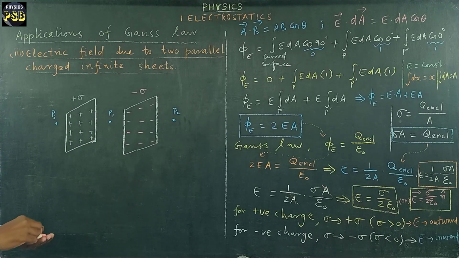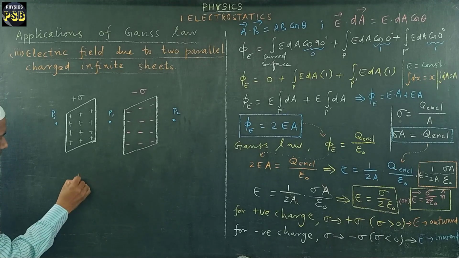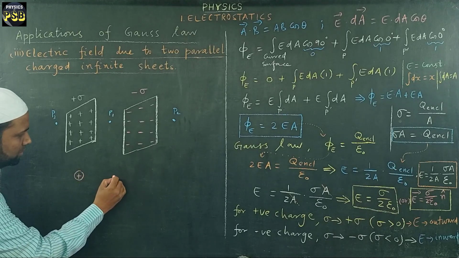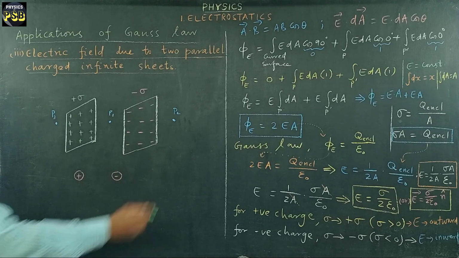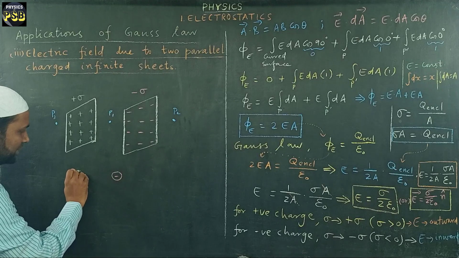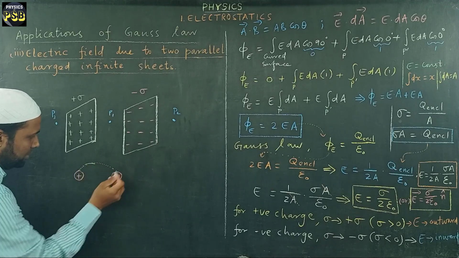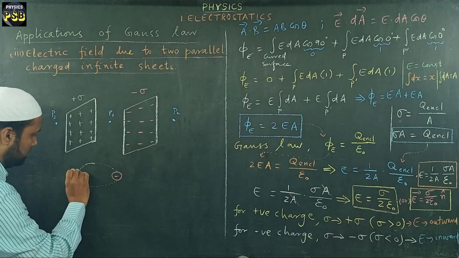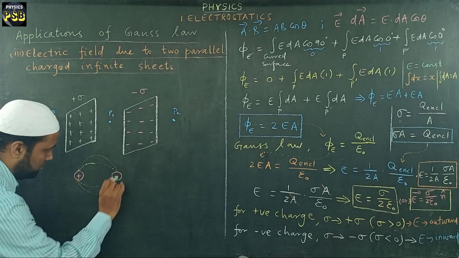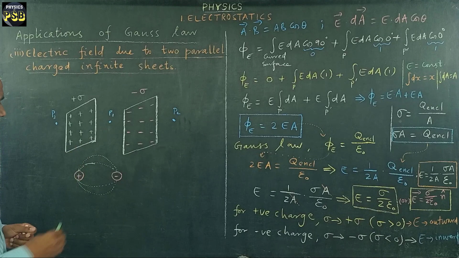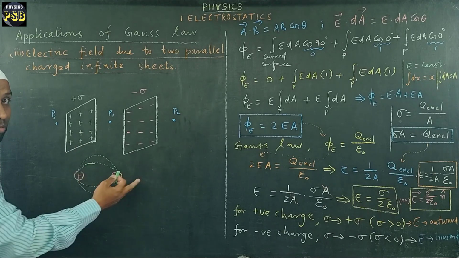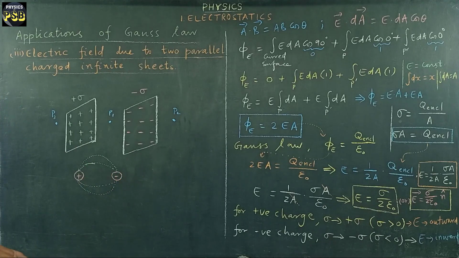We know very well, if we have a positive charge and a negative charge, then in such case, the electric field lines start on the positive charge and end at the negative charge. This we have learned earlier. So in that way, the electric field is acting away from the positive charge and towards the negative charge.